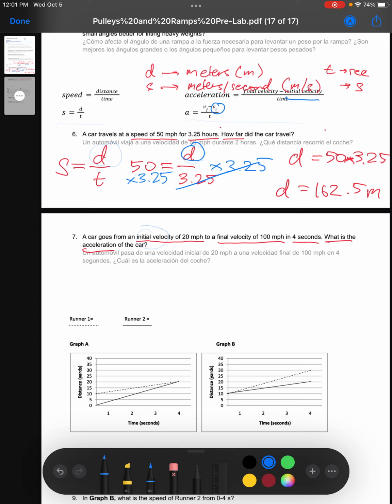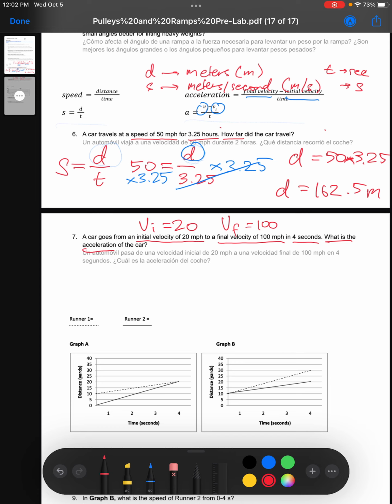So we can write vi equals 20. What letter goes with final velocity? So final velocity is vf. So we can write vf equals 100.